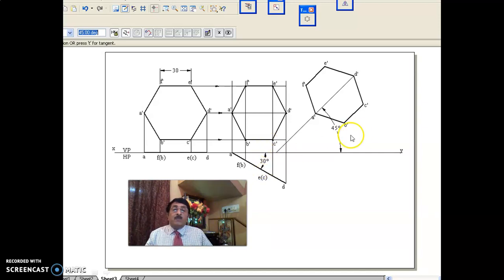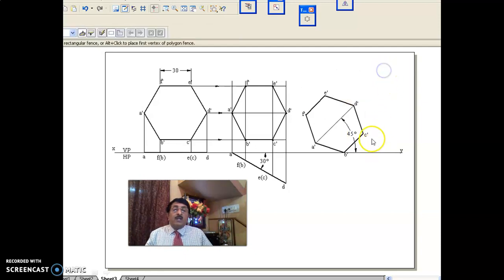Resting on HP means the nearest corner touches the XY line. That means it is resting on the nearest corner B on HP, such that the front view of the diagonal containing the corner in VP is inclined at 45 degrees to HP.